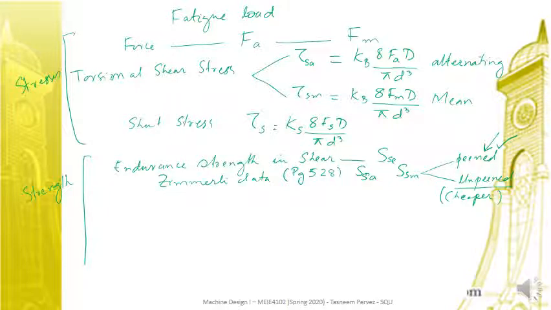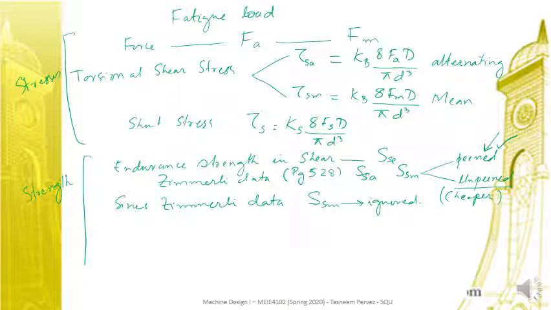Now I have a few choices. One is I can say that use the Sines-Zimmerli data, where SSM is ignored, and you only work with the SSA.